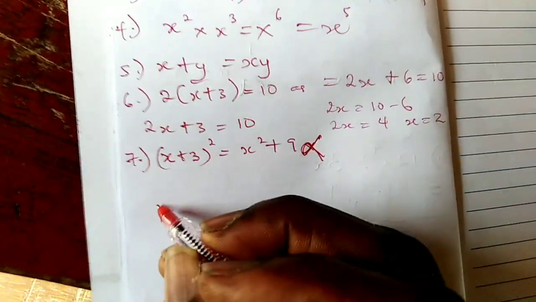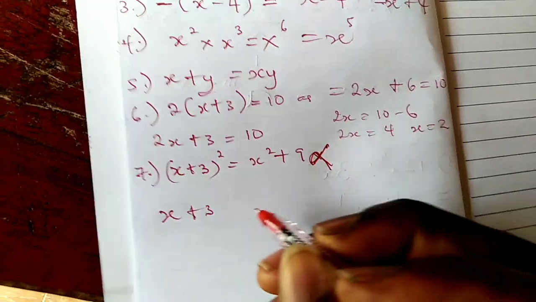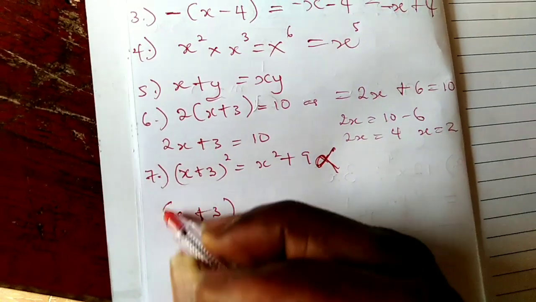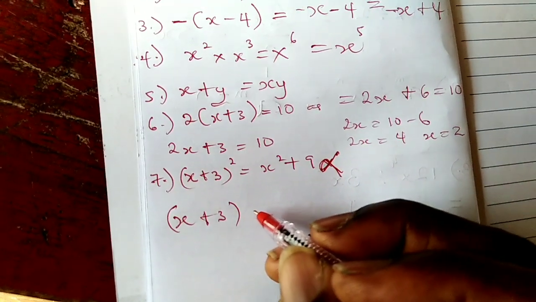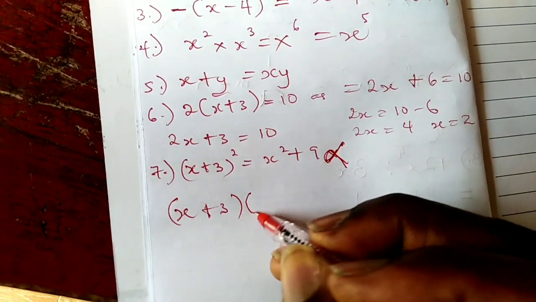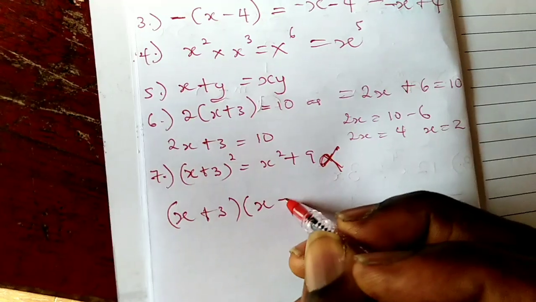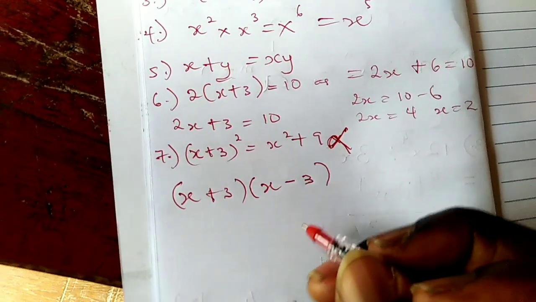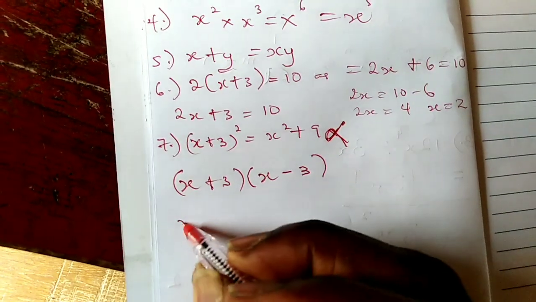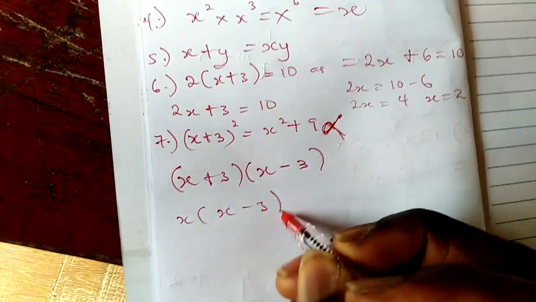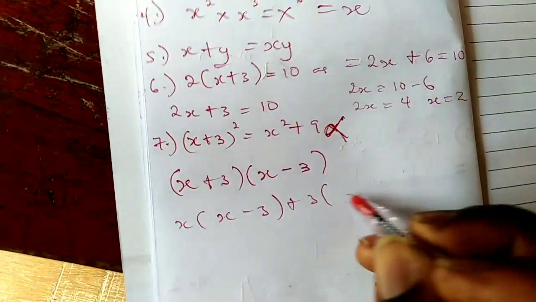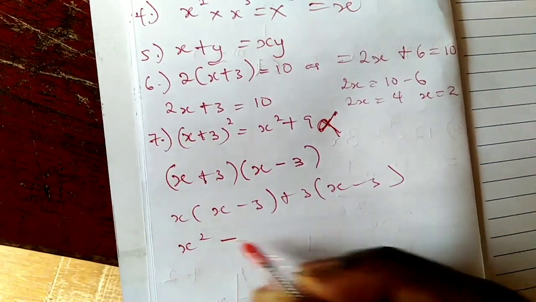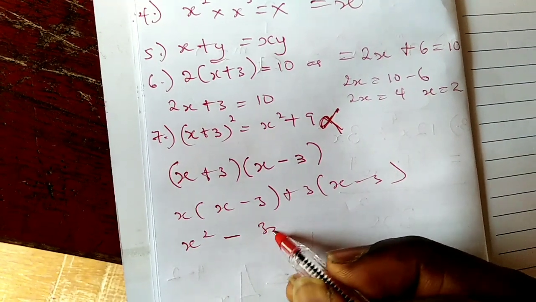You expand x plus 3 like this. That will be x plus 3 like this. So we expand, I have x bracket x plus 3 plus 3 bracket x plus 3. I have x squared plus 3x.